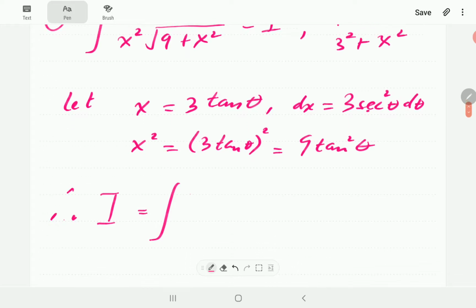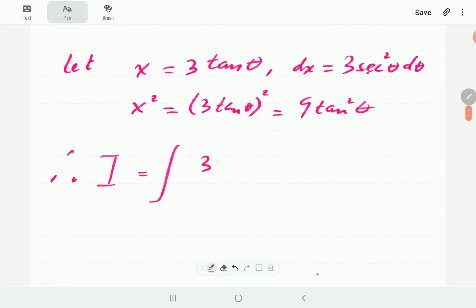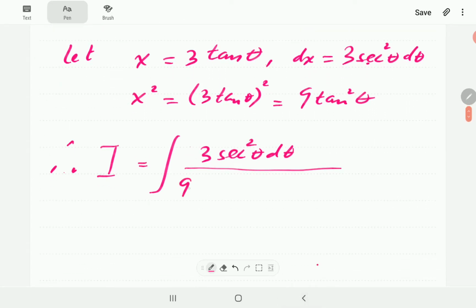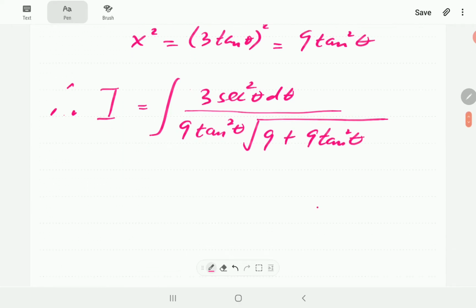In the numerator, dx is 3 secant squared theta d theta. In the denominator we have x squared, so that is 9 tangent squared theta. Then in the square root we have 9 plus 9 tangent squared theta.